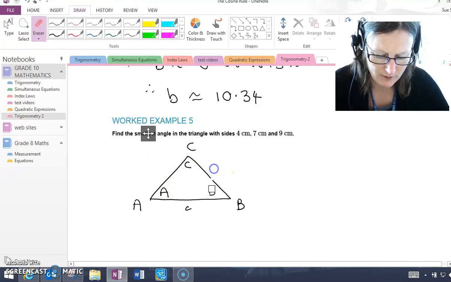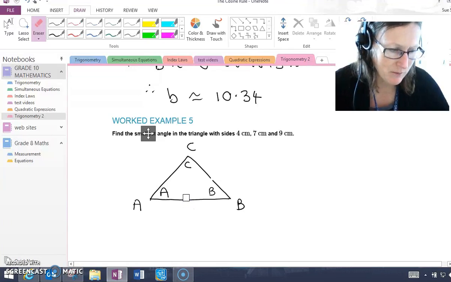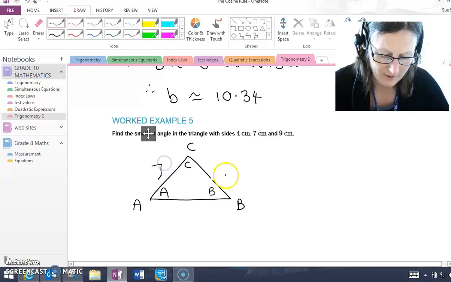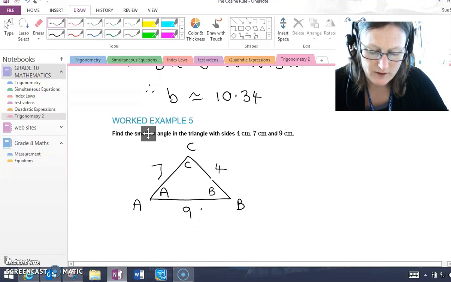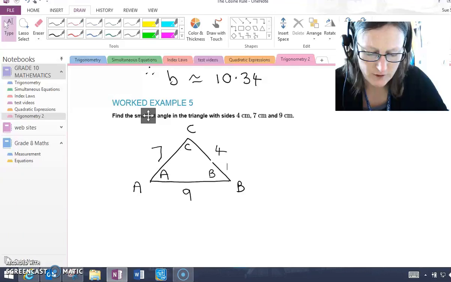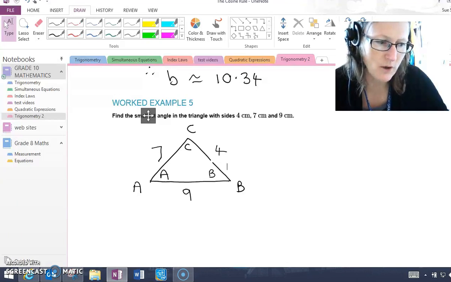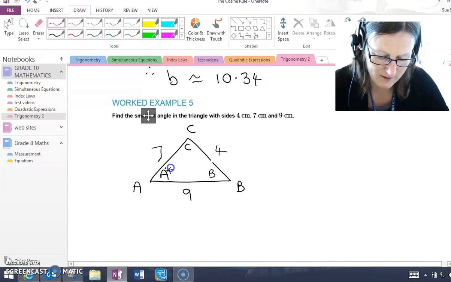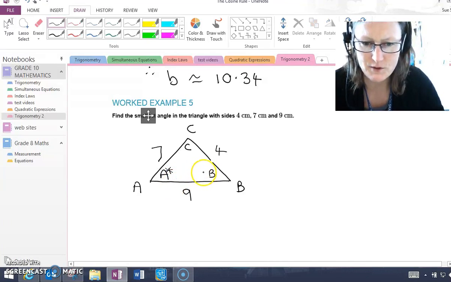So if I rub out the A, B, C from the side, and we'll say that this is 7, this is 4, and C is 9. It wants us to find the smallest angle. Now, first thing to note is the smallest angle is always opposite the smallest side. So it is wanting us to find this angle because it is opposite to the smallest side.